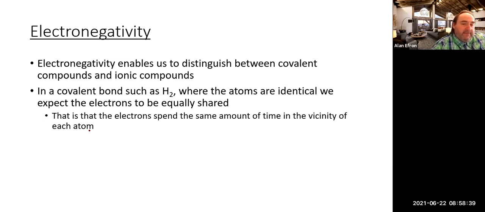So if we look at something like H2, we would expect the electrons within that bond that are being shared by those two hydrogens to be shared pretty equally.